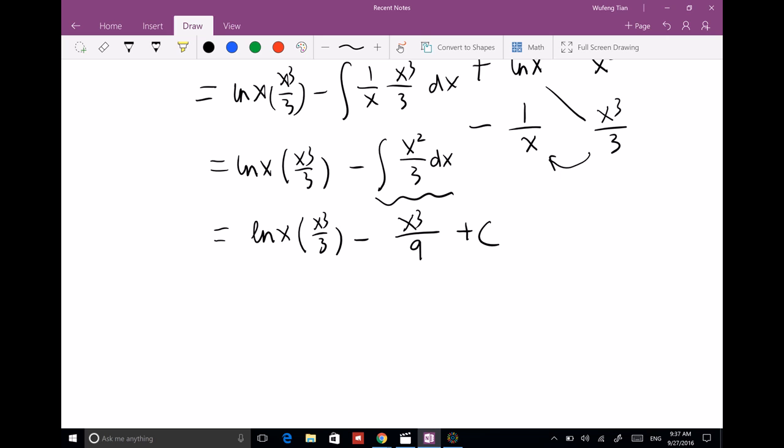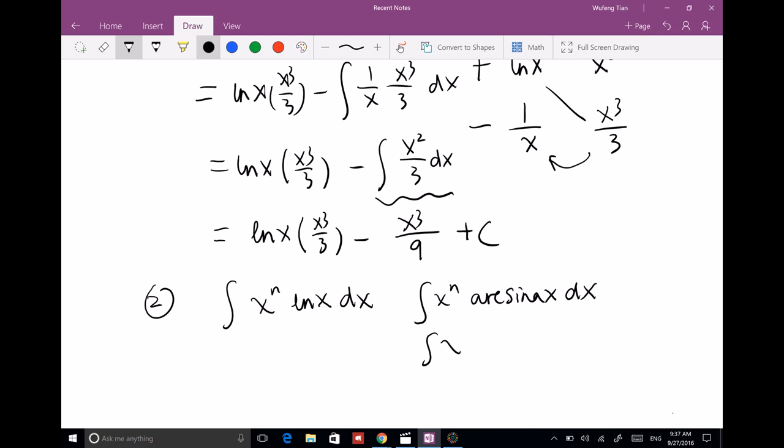So now, for the second type of integral, let's do a summary here. Whenever you have x power n ln x dx, or x power n arcsine ax dx, or x power n arctangent alpha x, it's hard for you to find the antiderivative of ln. It's very hard to find the antiderivative of arcsine, arctangent.